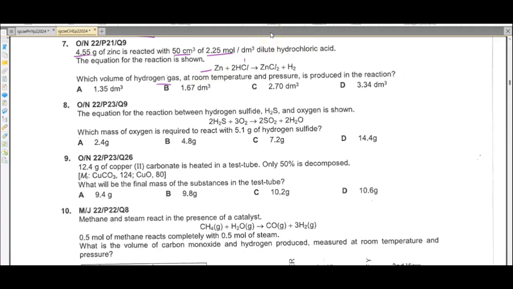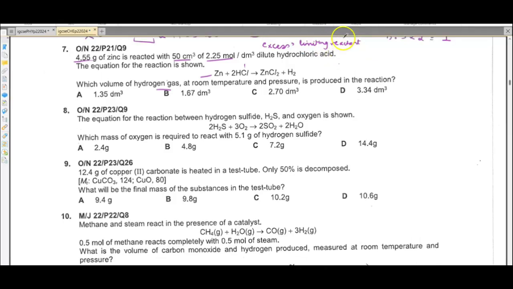You must have done that in class, but this is the first time that we are facing this thing in these questions, which is the substance in excess and the limiting reactant. So we are going to get to it once we reach this place.